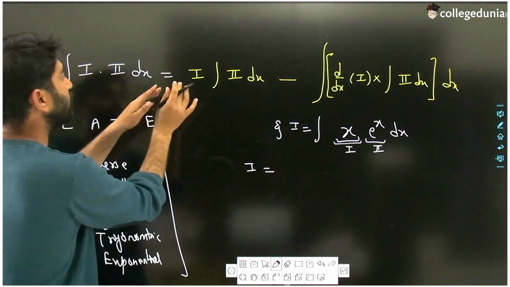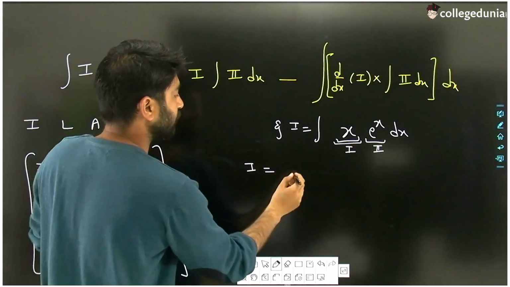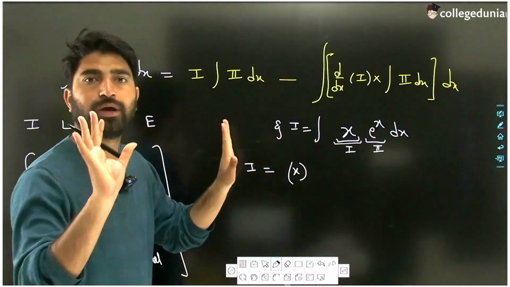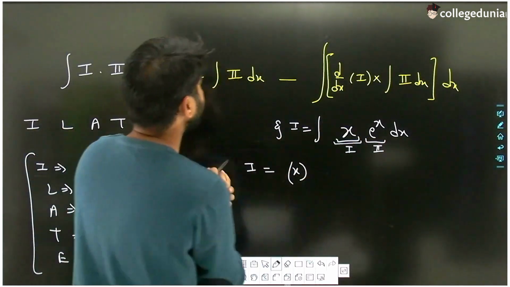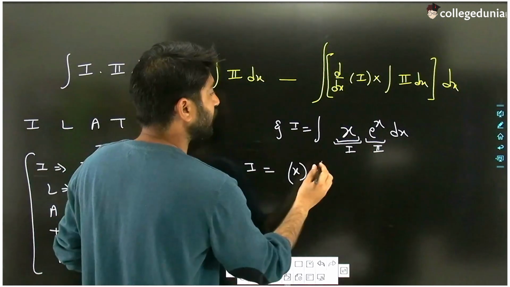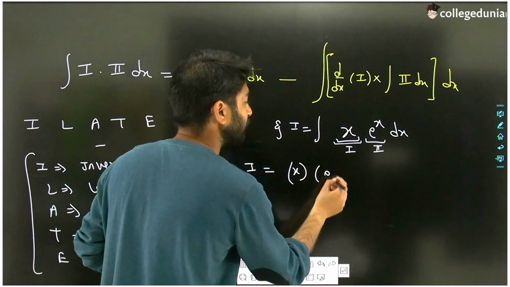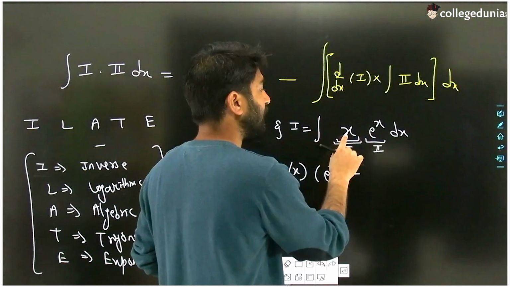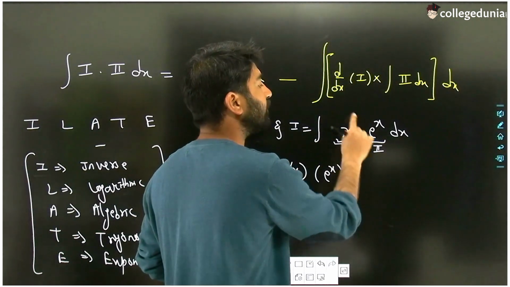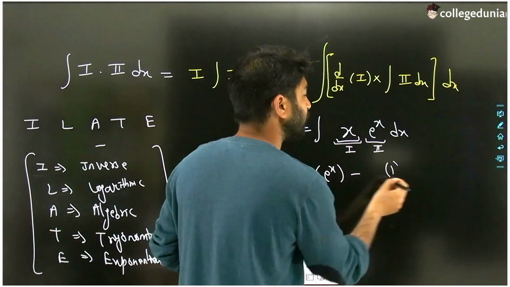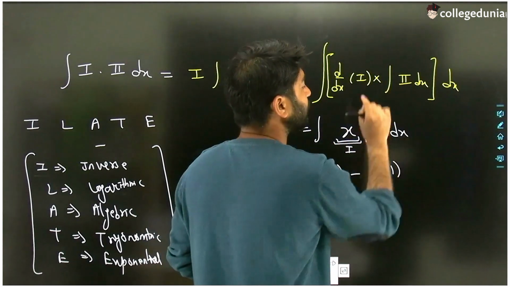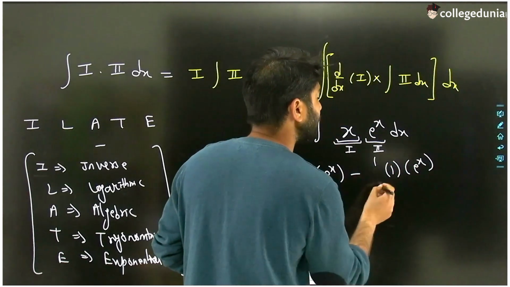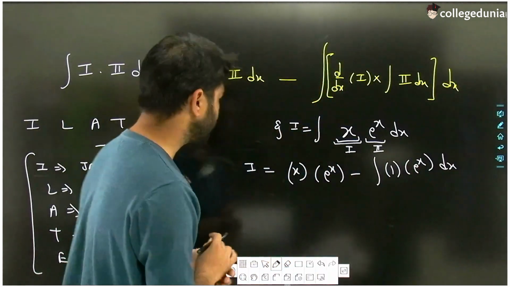According to this rule, the first function will be written as it is. Do nothing with x, just write it here as it is. Then we have to integrate the second, the integration of e^x. What is the integration of e^x? The answer is e^x. Then minus, then differentiation of first, the derivative of x is 1. Then integration of second, the integration of e^x is e^x, and this entire term will be integrated again with respect to x, right?